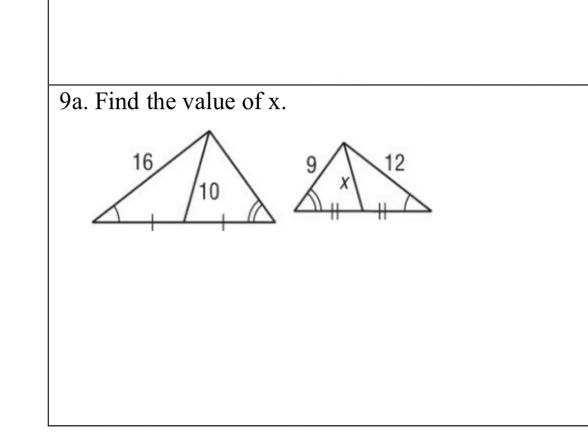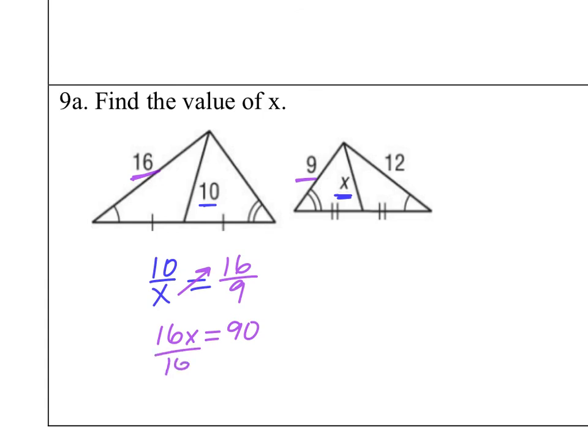Okay, so we can say that 10 over x is going to be equal to 16 over 9. Right, once we're here, we cross multiply. 16x equals 90, and that's going to reduce to x equaling 5.625.